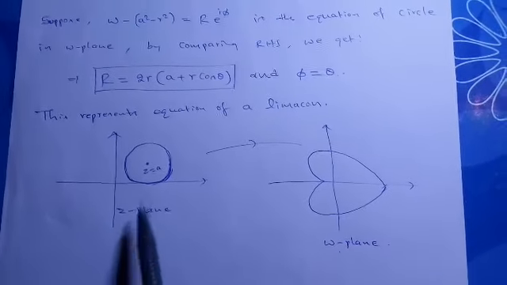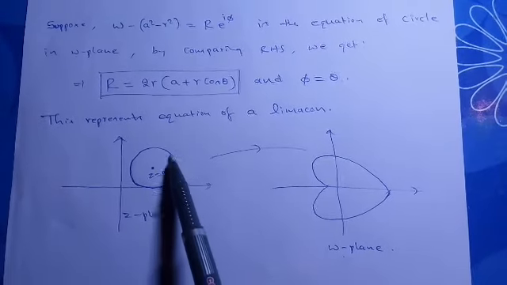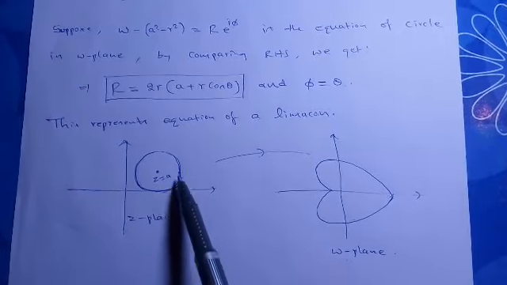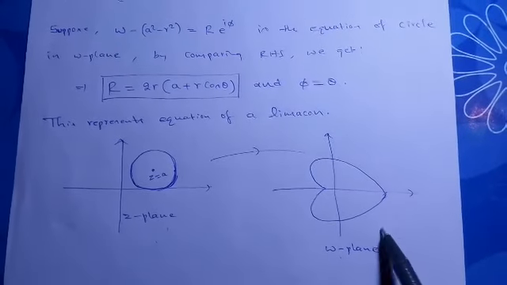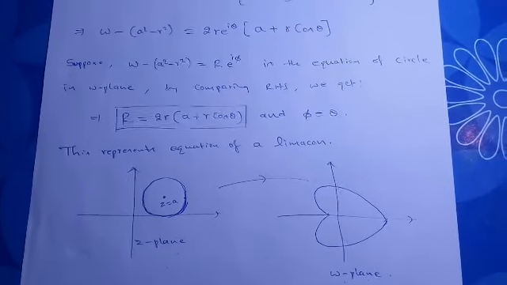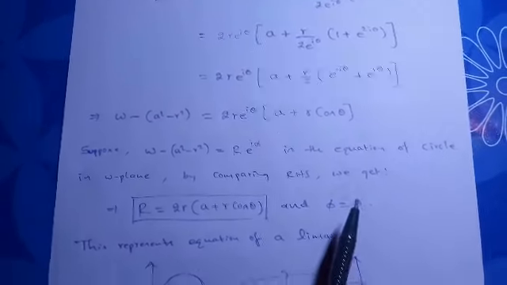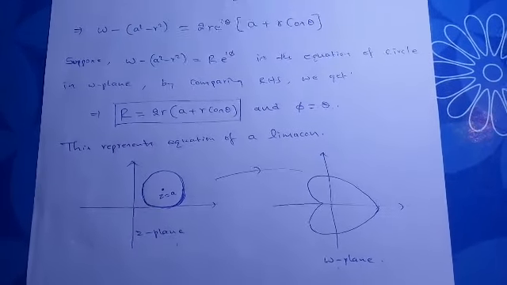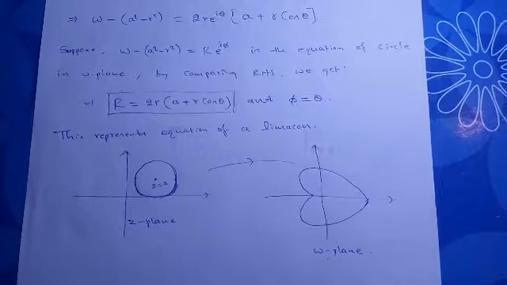So look at the diagram. If we consider a circle with center at a in z plane, its image becomes a limaçon in w plane. So these are the 4 cases in the conformal transformation w equals z square. Thank you.